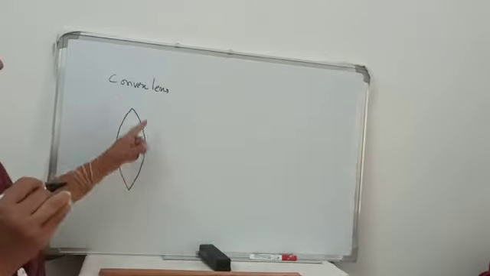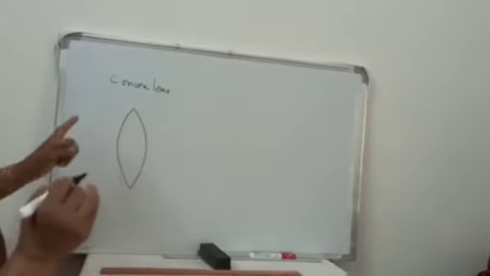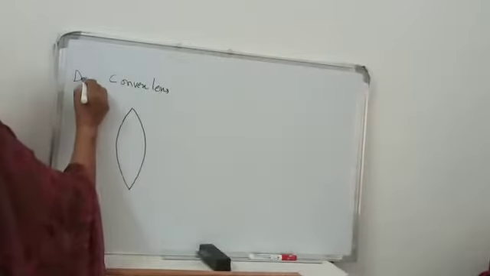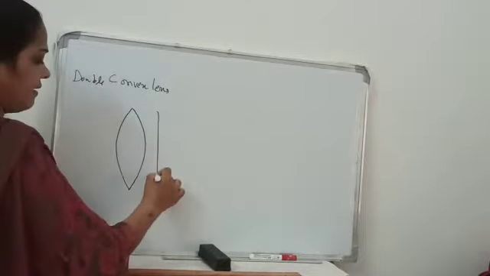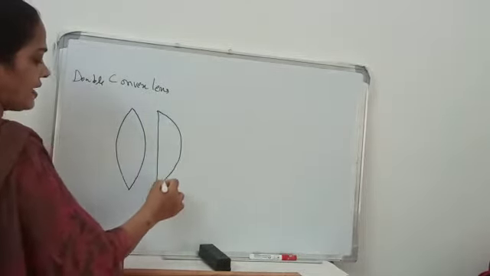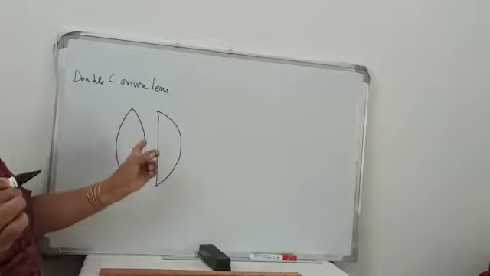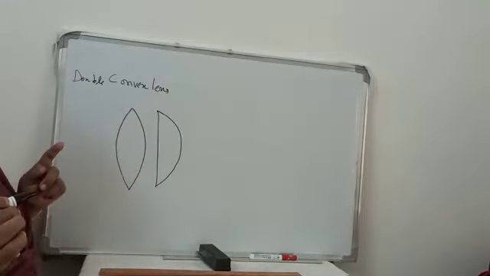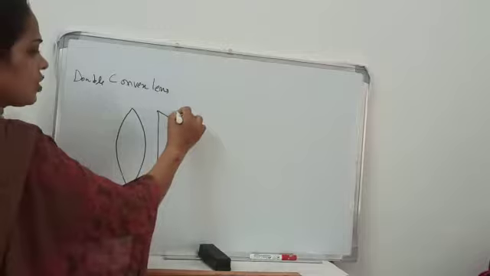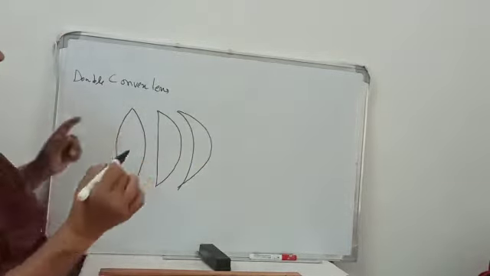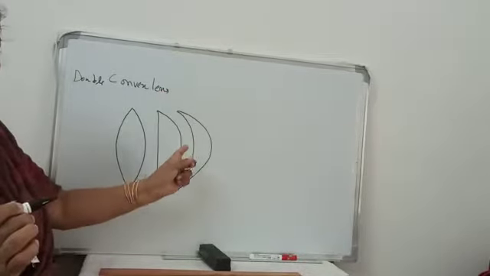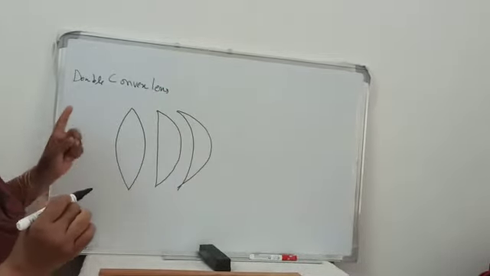If both are spherical refracting surfaces, then we call it a double convex lens. If one is plane and the other is convex, we call it a plano-convex lens. If one is concave and the other is convex, then we call it a concavo-convex lens.